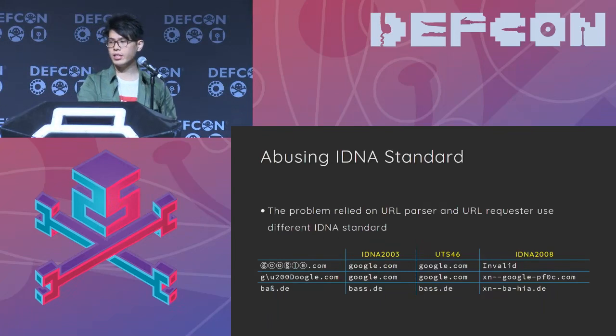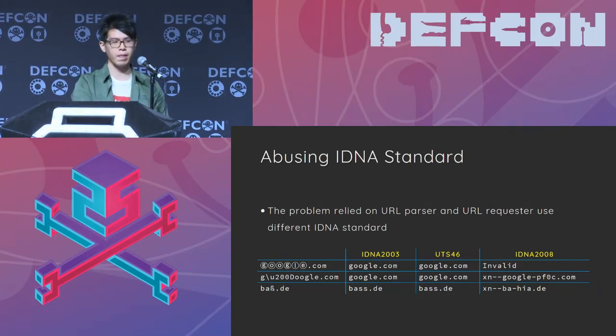The next attack vector is about the IDNA standard. IDNA defines the standard of Unicode in the domain name system. There are two primary versions of IDNA, IDNA 2003 and 2008. But IDNA 2008 is too strict, so most parsers follow IDNA 2003 with UTS-46 transition. IDNA supports lots of weird Unicode transitions.